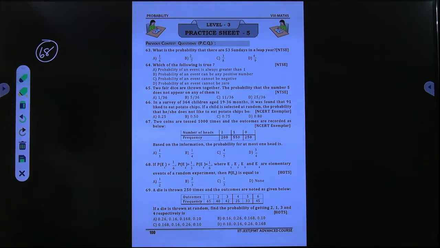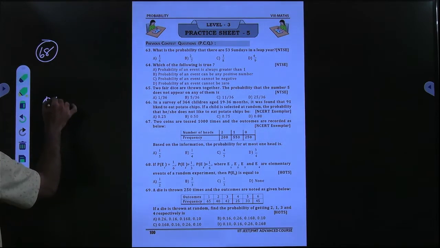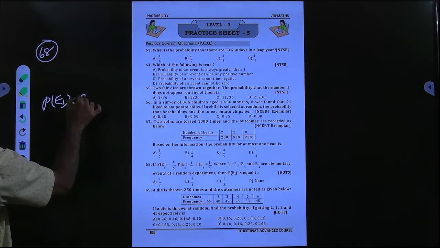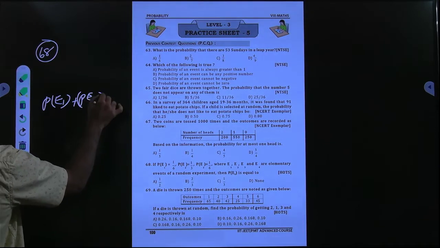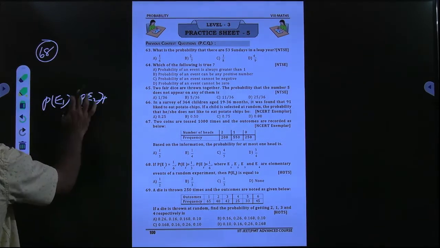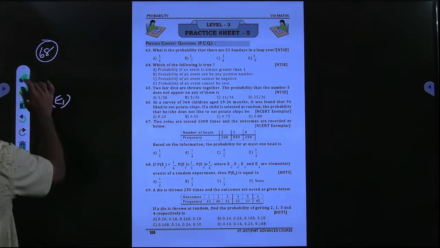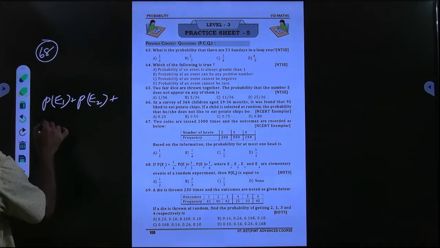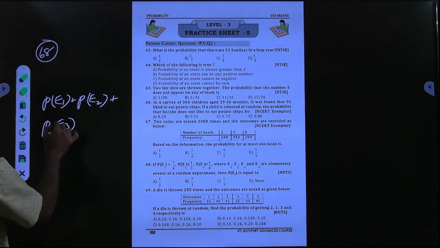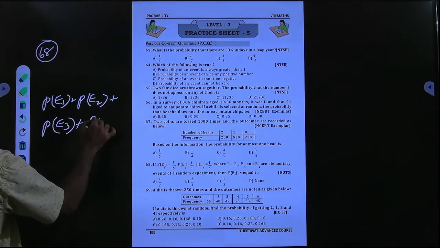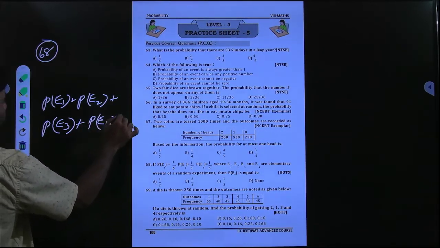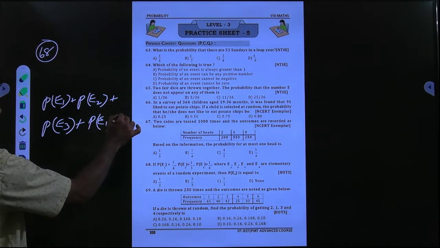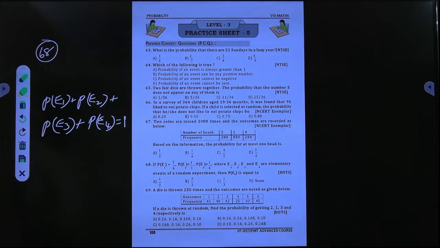So P of E1 plus P of E2 plus P of E3 plus P of E4 is equal to 1. Here the values of P of E1, P of E2, P of E3 are given. Let us substitute these values in this equation.